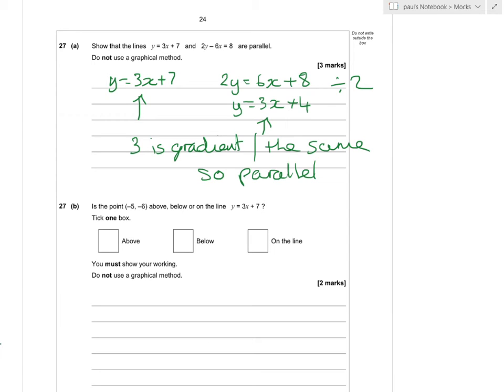So we could do above or below the line. So we need to find out the intercept, yeah.